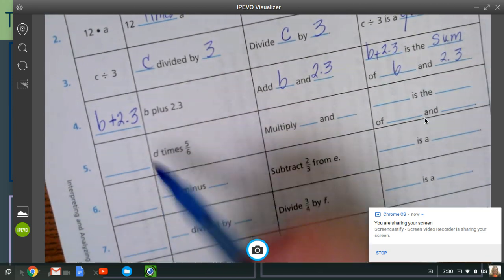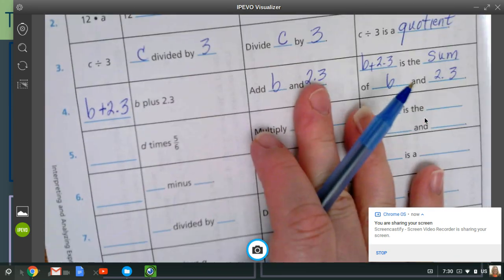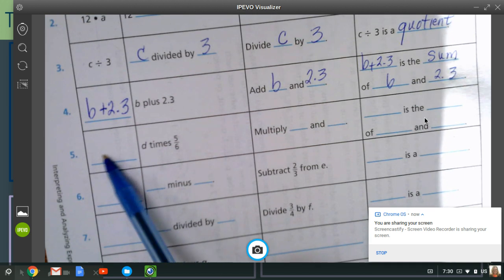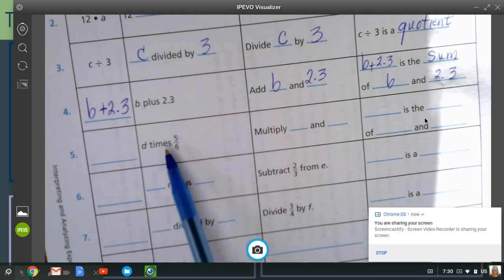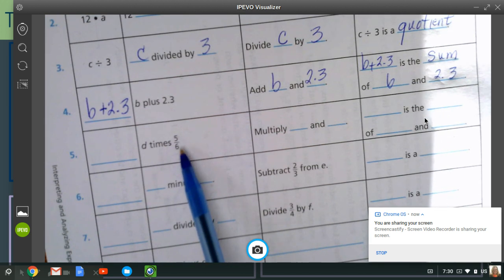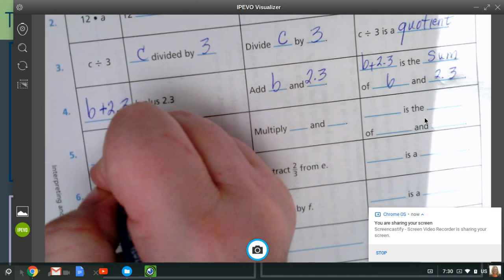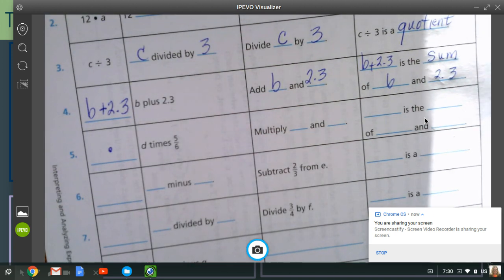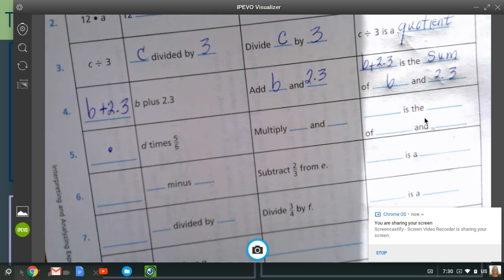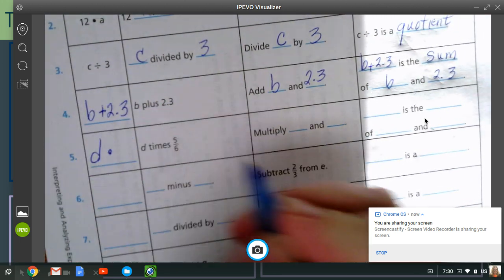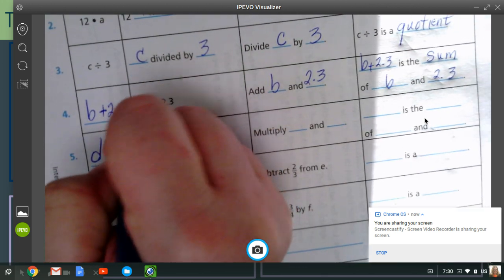Number 5, again, the rest of these don't show the actual algebraic expression. So we're going to figure it out. So we have d times 5/6. Now we've been using that dot to symbolize the multiplication. So we'll just use that. We have d times 5 over 6.